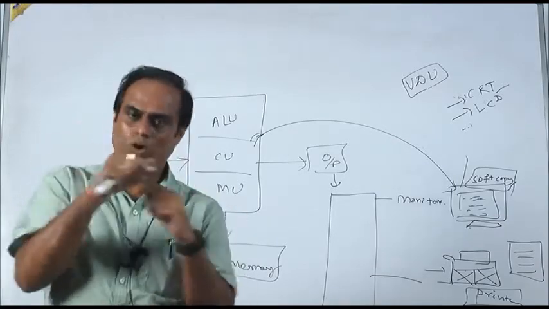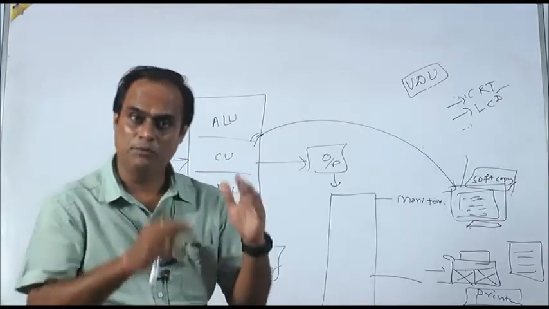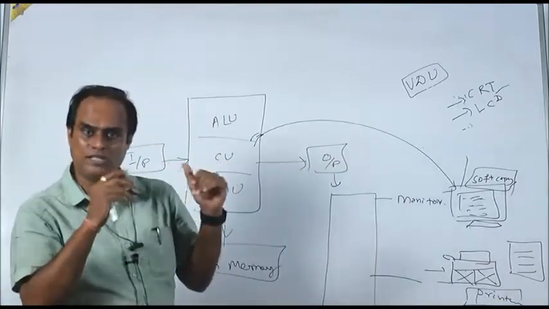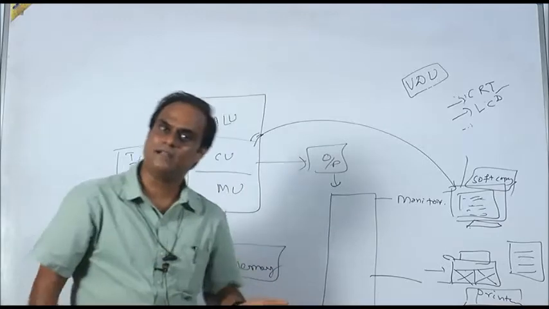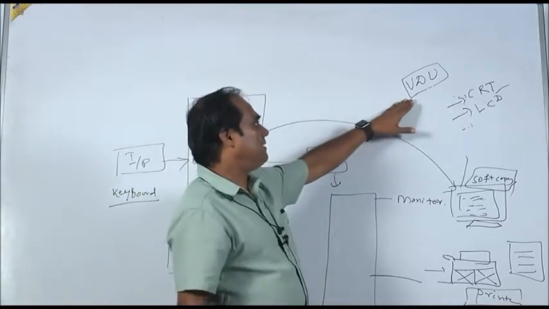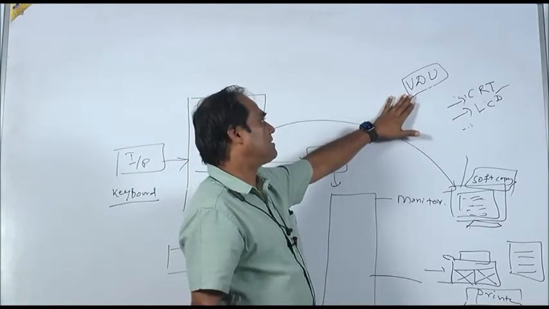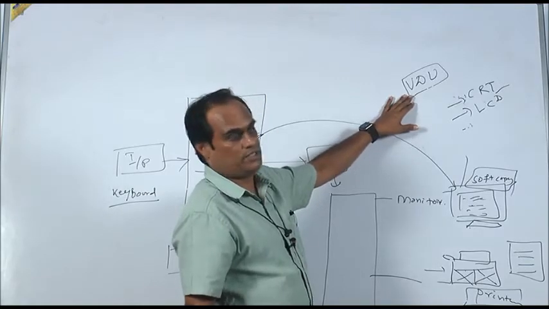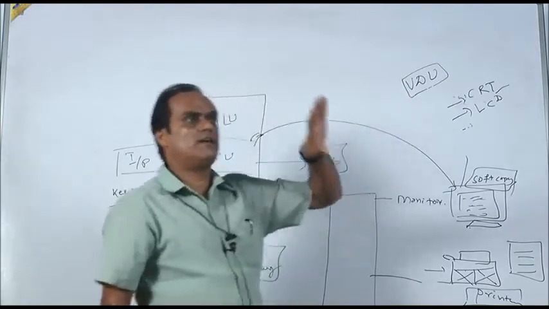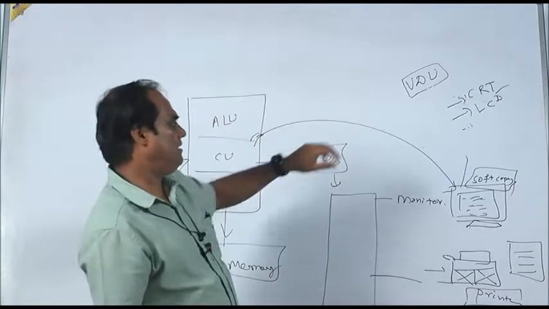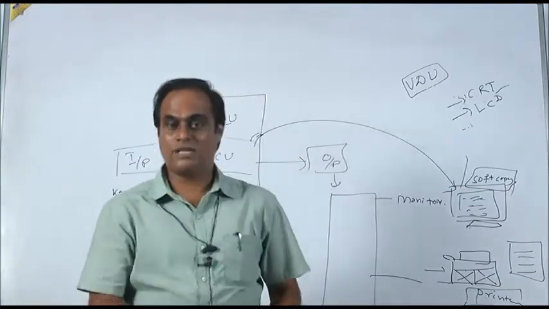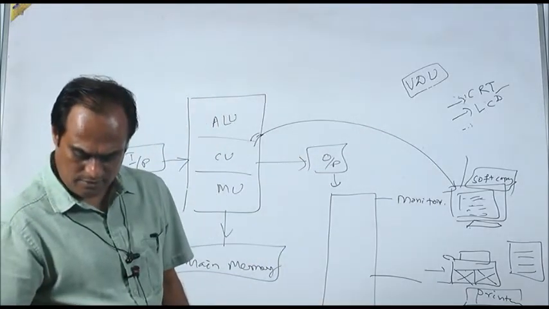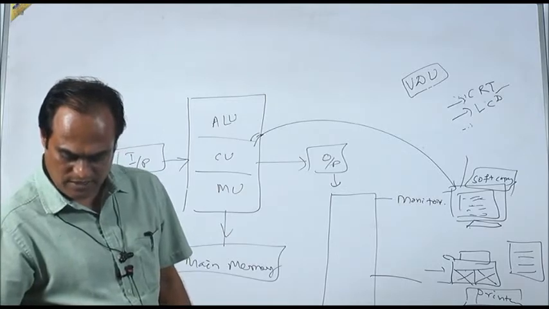Let it be a mobile, the mobile has its own display unit through which we can get the result. Like that, everything comes under the visual display unit, through which the user is able to see the result, yes or no. So, these are known as the various output devices.